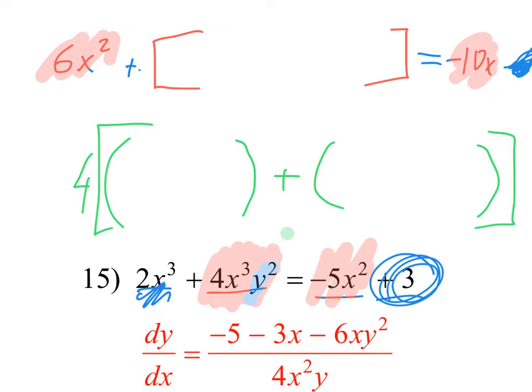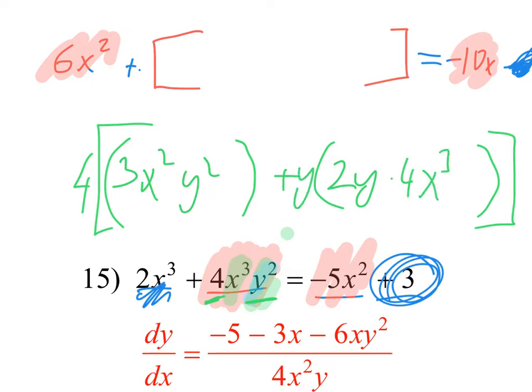So the first thing we're going to do is take the derivative of the first part, which will be 3x squared times the second. And then we do derivative of the second times the first, but this one's going to be trickier: 2y times 4x cubed times y prime.